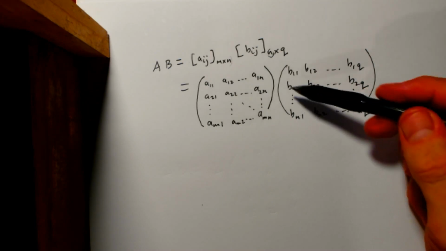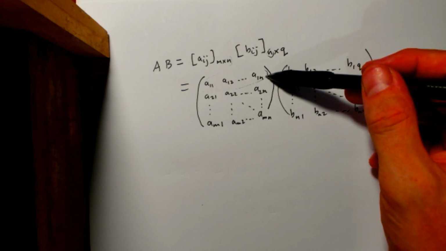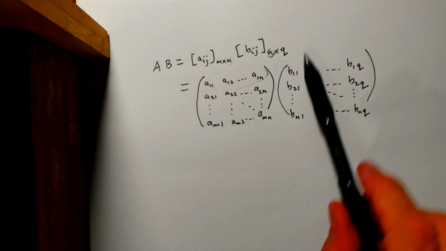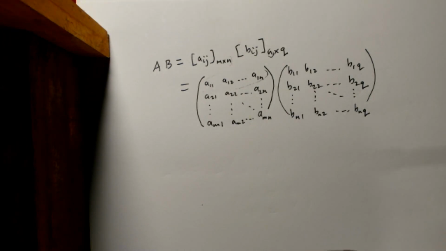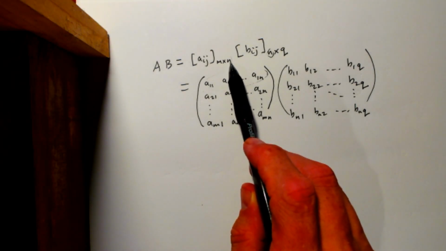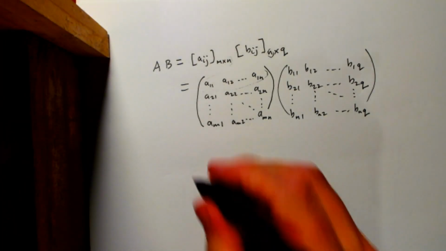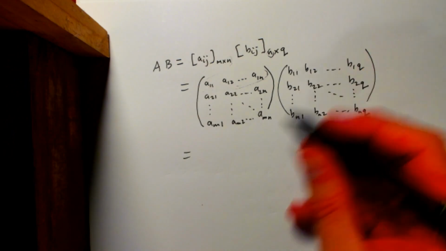Alright, so the number of entries in the first row corresponds to the number of entries in the first column. So when I match this to this, multiply and add together, I can do that because the number of entries will match. So this product is defined because the number of columns of A equals the number of rows of B. So in the product, we do exactly that, A11 times B11.